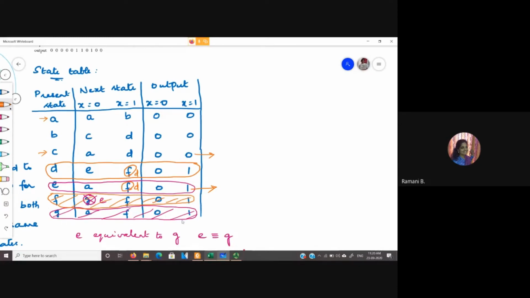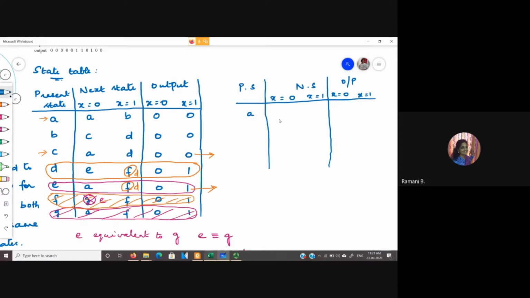So we shall rewrite the table. The present state, next state for x equal to 0 and x equal to 1, and output for x equal to 0 and x equal to 1.